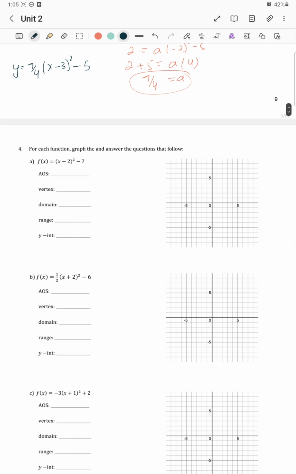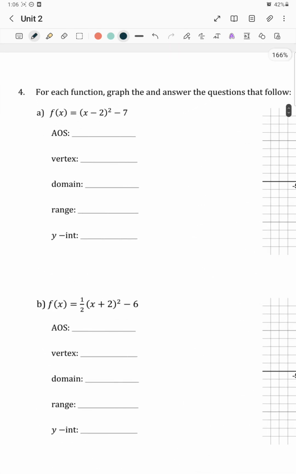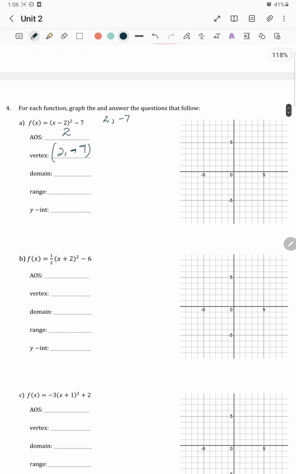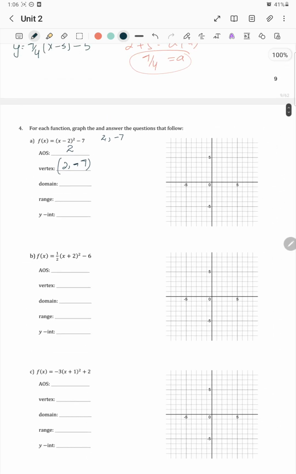For each function, graph it and answer the questions that follow. Firstly we have (x minus h) squared. 2 and negative 7 is the vertex, and h is equal to 2. The domain is going to be, so nothing is multiplying with the x, so there is no narrowing or downward opening, positive means upwards, so 2, minus 7.